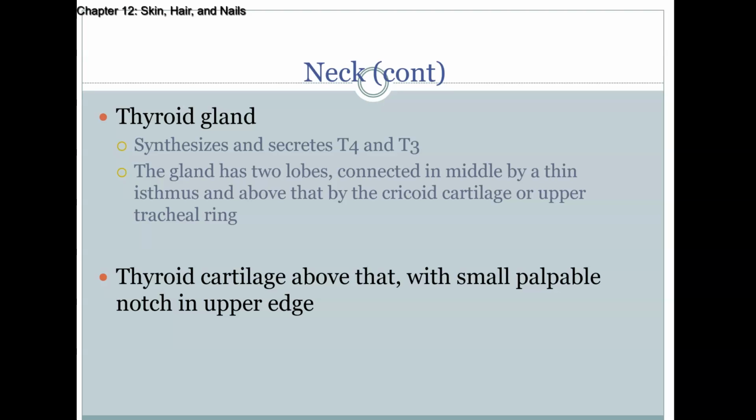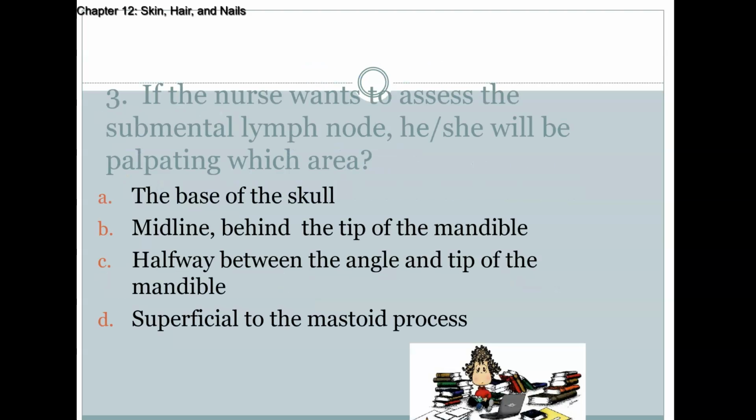But you should not be feeling the thyroid. If you look at a picture of a person with a thyroid problem and enlarged hyperthyroidism or multinodular goiters, it's protruding, and then you know that there's an abnormality. So when you're assessing, you don't expect to feel a thyroid. So make sure that that's what you're looking at.